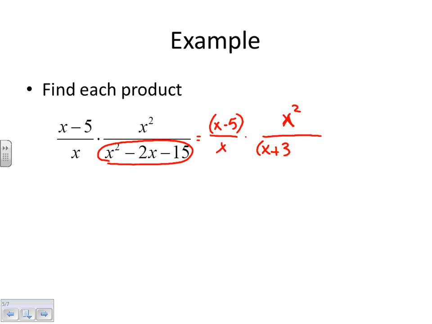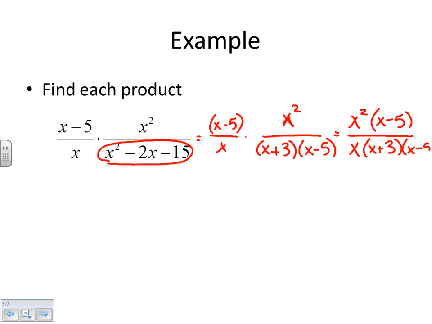That's x plus 3 times x minus 5. Okay, and now we're going to put these together, and I'm just going to move it around a little bit. So it's x squared first, x minus 5 over x times x plus 3 times x minus 5.